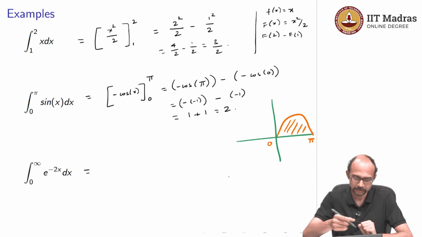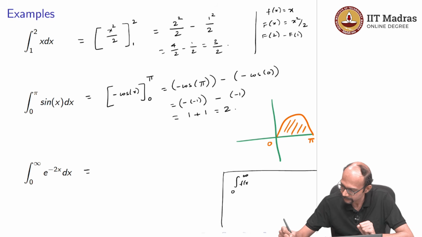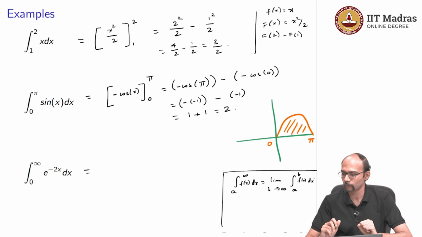Let me quickly emphasize what this means. If we want the integral from a to infinity of f of x dx, we define this as the limit as b tends to infinity of the integral from a to b of f of x dx. Okay, this is what we mean.